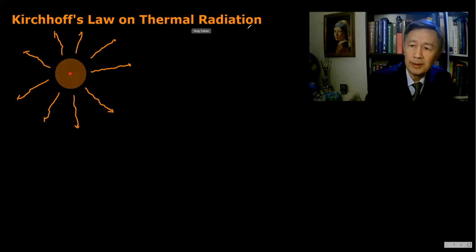The reason is that in this case, there is absorption, A for absorption. And radiation you can also consider as emission, so we can use E for emission, emission in all directions.